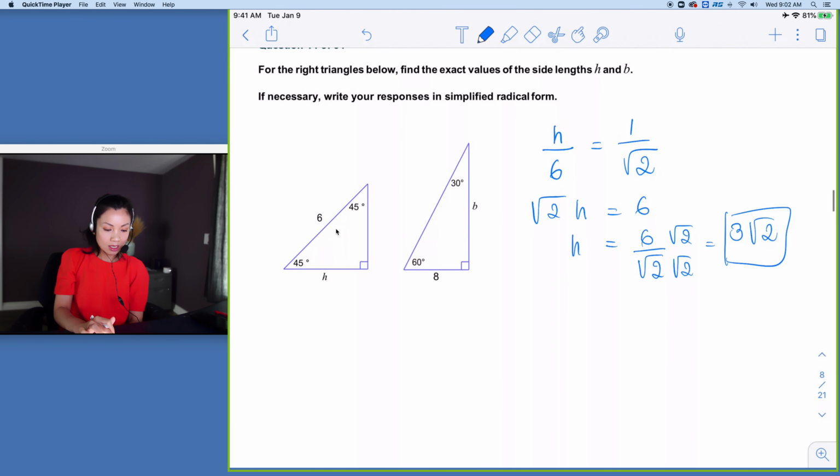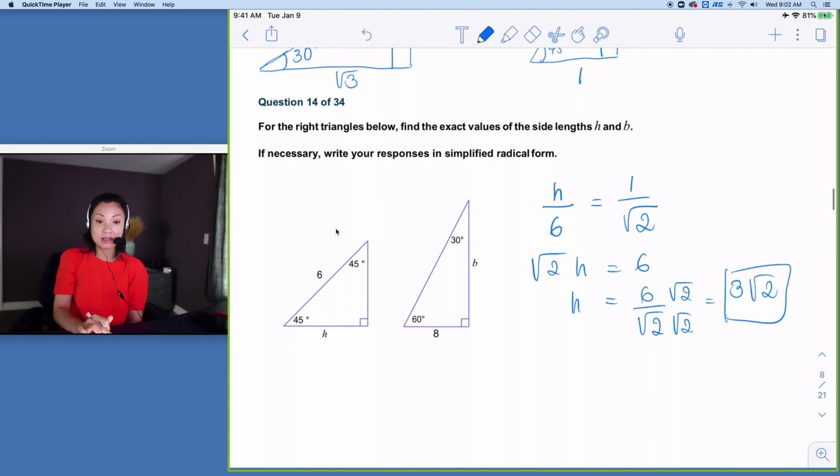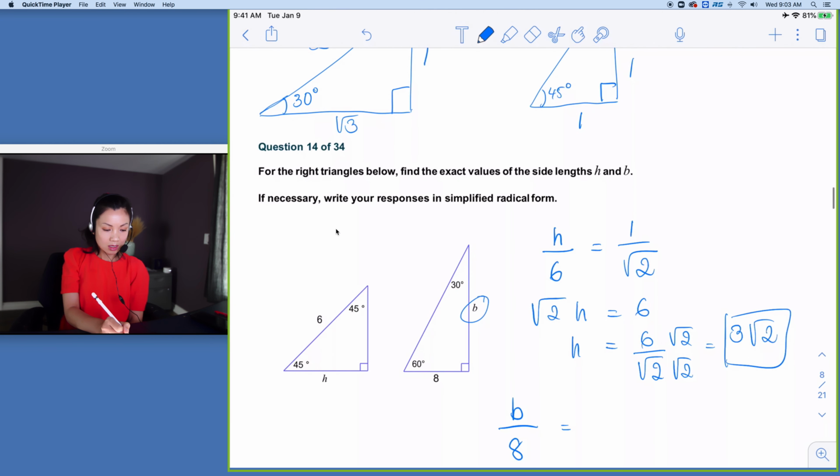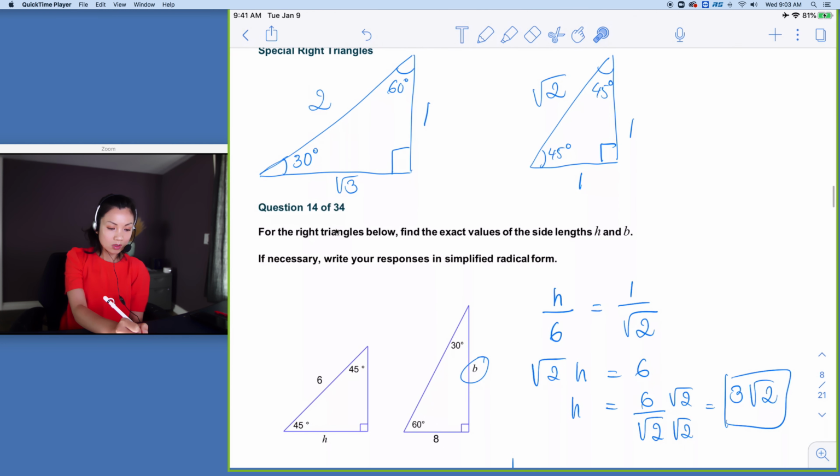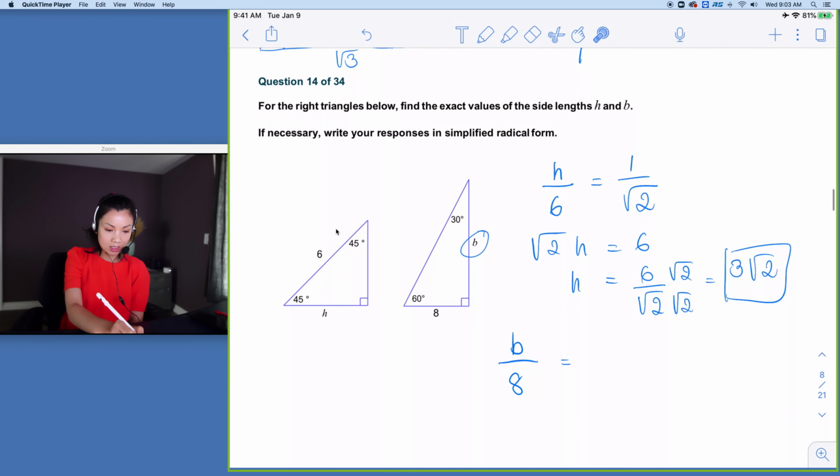Now for B, you see that we have the 60, 30, 90. So I'm going to put the information given to me, which is B over 8. Now, B goes with the 60 angle, and the 60 angle is radical 3. So you put radical 3.